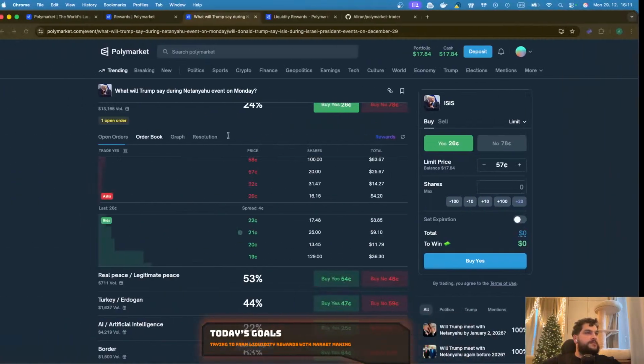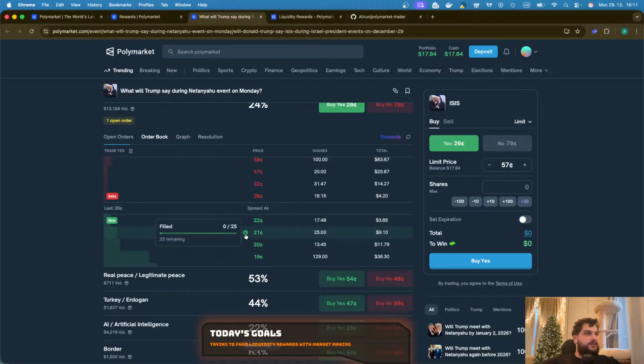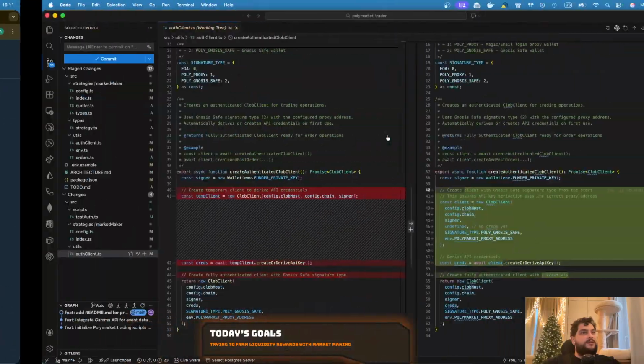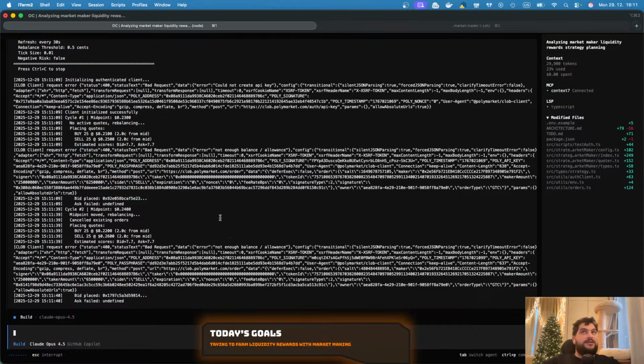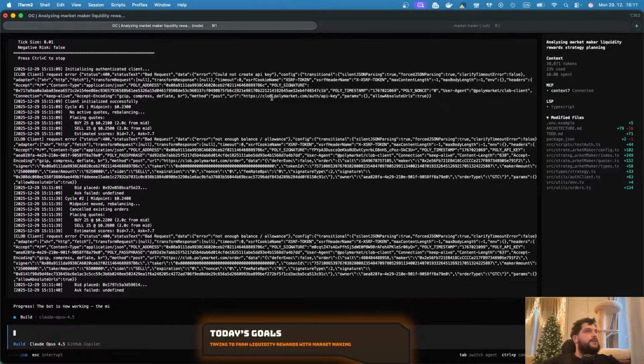It also places the bid. You can see our order here. Still, it's participating in the rewards, which is cool. We are getting the rewards already, guys. We should, at least. I don't know yet. But this is very good. Okay, stop it.